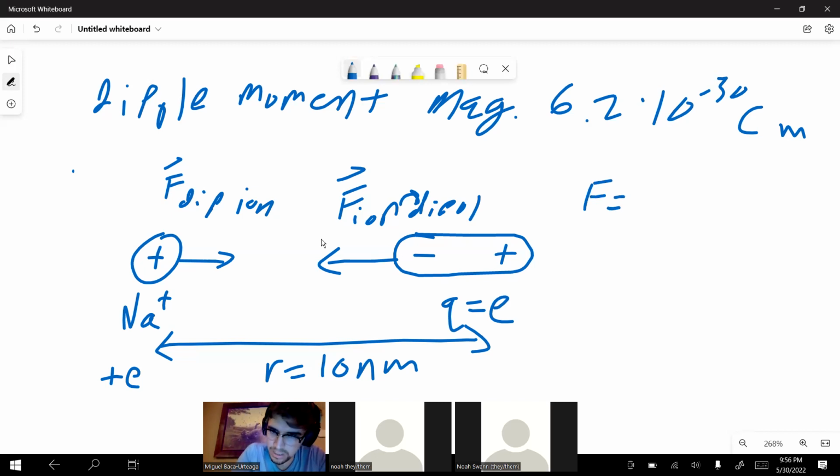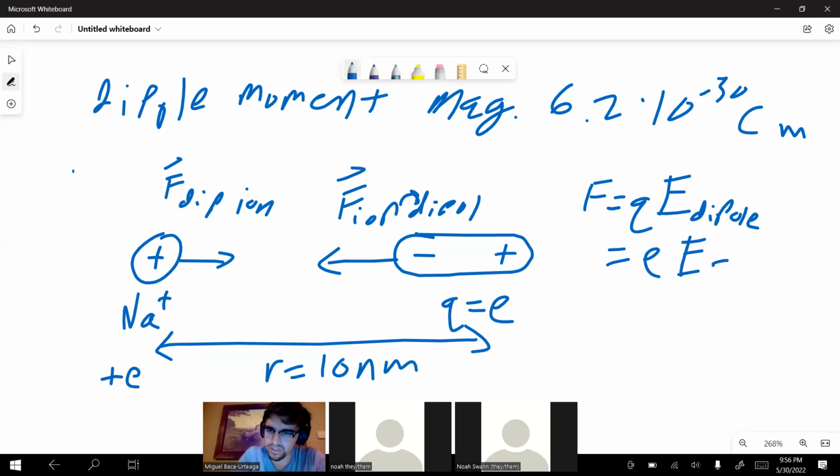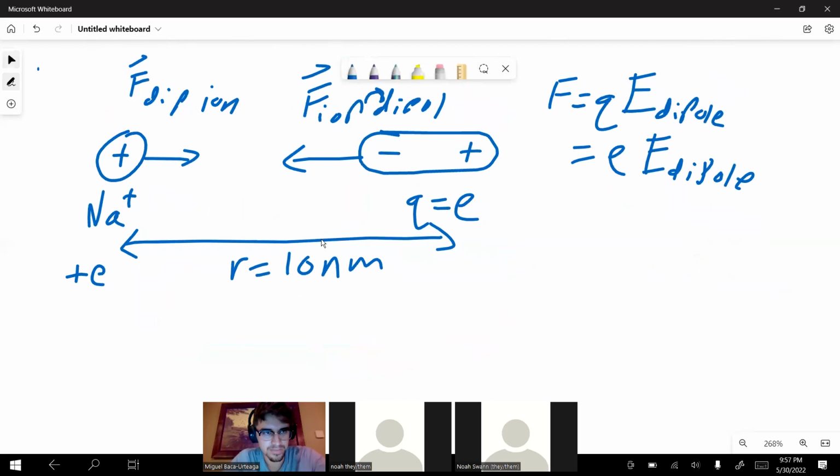Force equals the charge times the electric field of the dipole, which is equal to e times the dipole's electric field, which we found in equation 23.1.